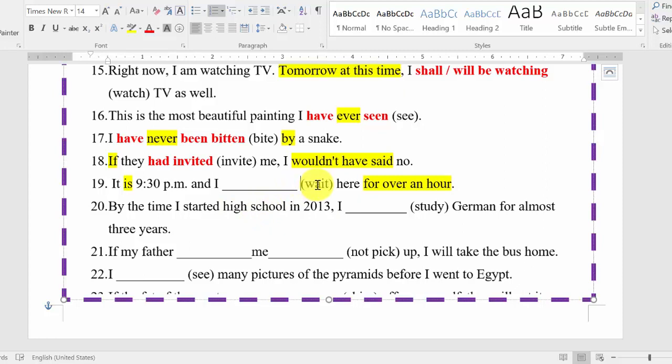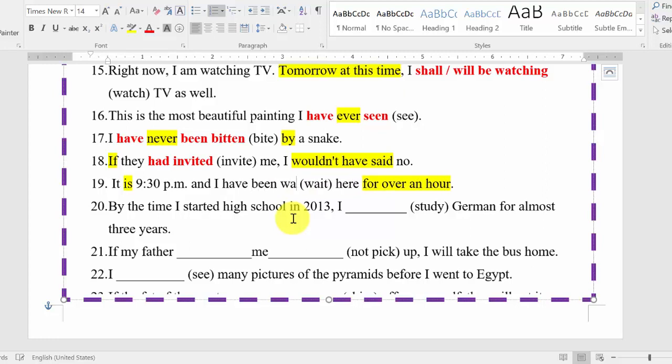I can wait, this person can do this action. So the answer should be present perfect continuous tense, format: has, have plus been plus verb-ing. Has, have, been, verb-ing. So your answer: I, we use have.